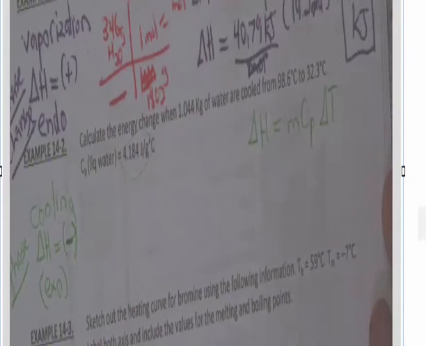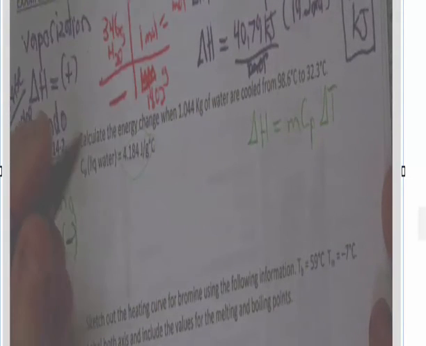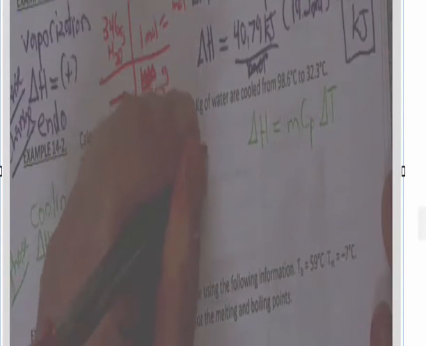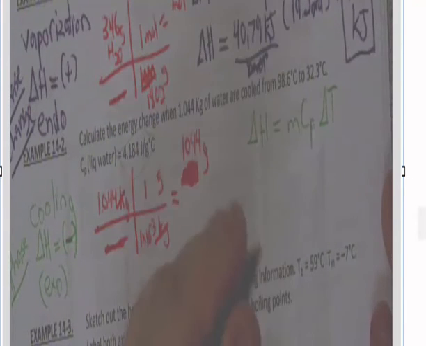We're going to use the equation delta H equals mCp delta T. The mass needs to be in grams, so 1.44 kilograms, kilograms on the bottom, grams on the top, 1 goes right here, 1 times 10 to the negative third goes right there. I should get 1044 grams. That is my mass.